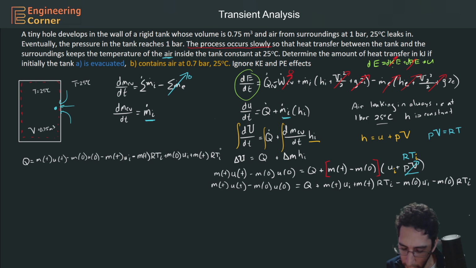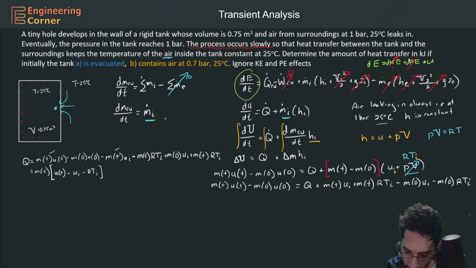Now, what I'm going to do is group all my like masses. So M_t is going to be multiplied by U_t, that's this one, then minus U_i, that's this one, then minus R T_i. Okay.